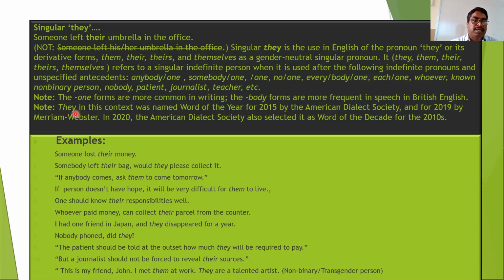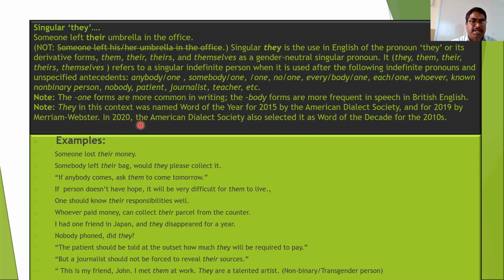Look, one more note is there. Singular they, that is the pronoun they, in this context was named Word of the Year for 2015 by the American Dialect Society and for 2019 by Merriam-Webster.